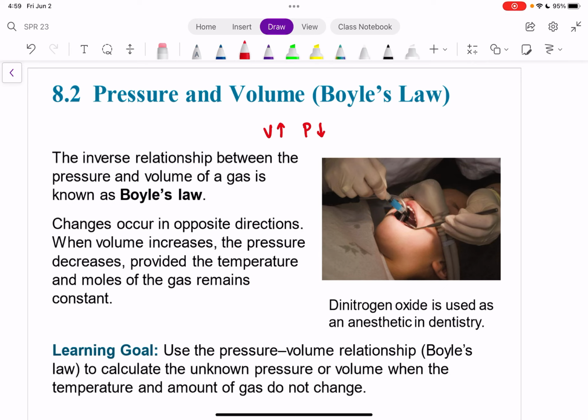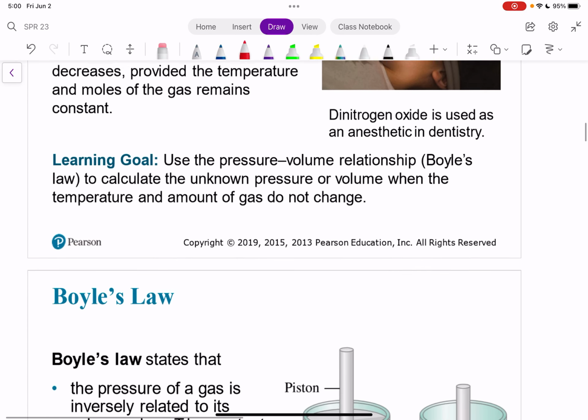It's the opposite. So provided the temperature and the number of moles of the gas are constant, when volume increases, we know that pressure will decrease. So that's Boyle's law stated in a sentence.